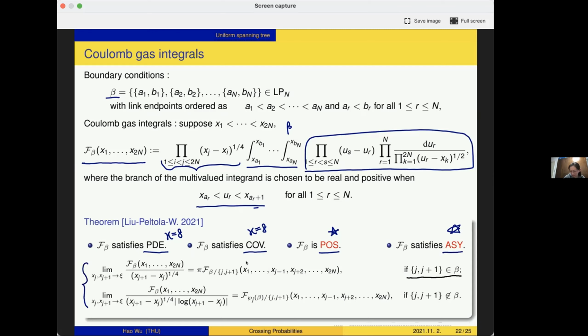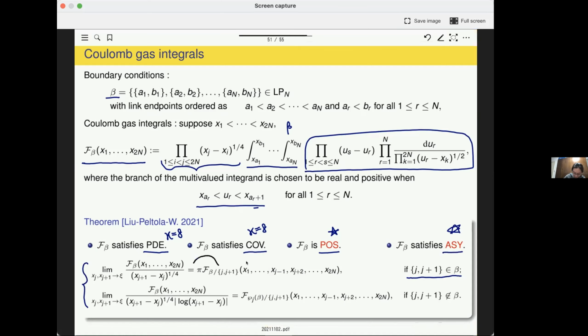The usual case is when two neighboring points are already paired together in this boundary condition, and when the two points get very close, we believe that this function will shrink to the probability for the n-1 interfaces. This is consistent with our expectation. After we normalize it correctly, it will converge to the function for beta with this pair of points removed, which is now a function of 2n-2 variables.